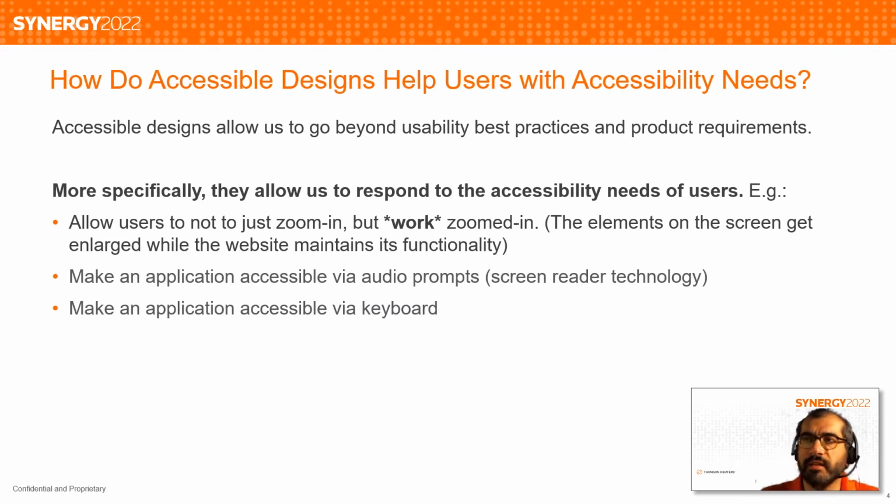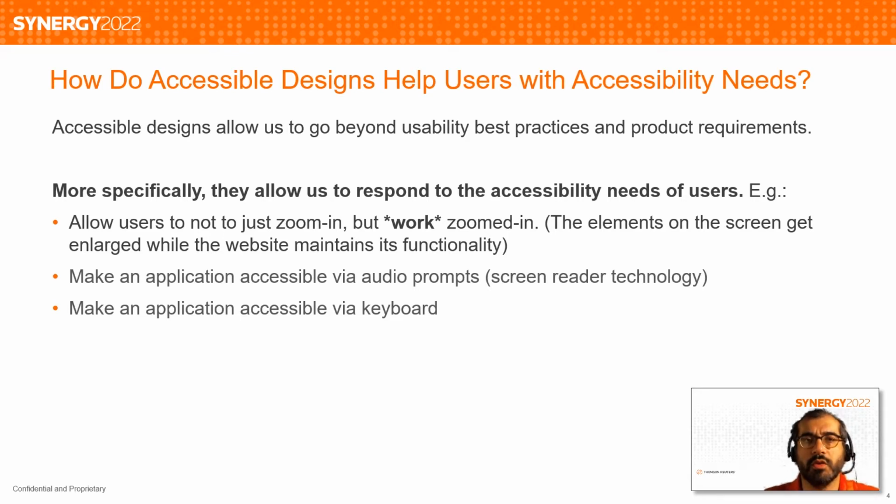How do accessible designs help users with accessibility needs? Accessible designs allow us to go beyond just usability best practices or meeting product requirements. More specifically, they allow us to respond to the accessibility needs of users. For example, someone may have a particular disability. They allow users to not just zoom in on a screen, they allow a user to work in a zoomed in situation.